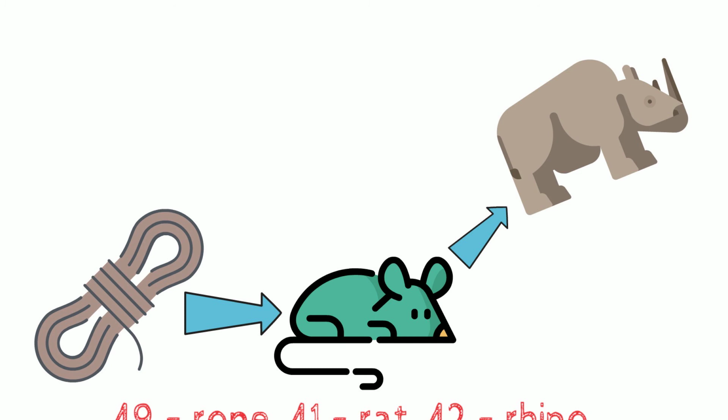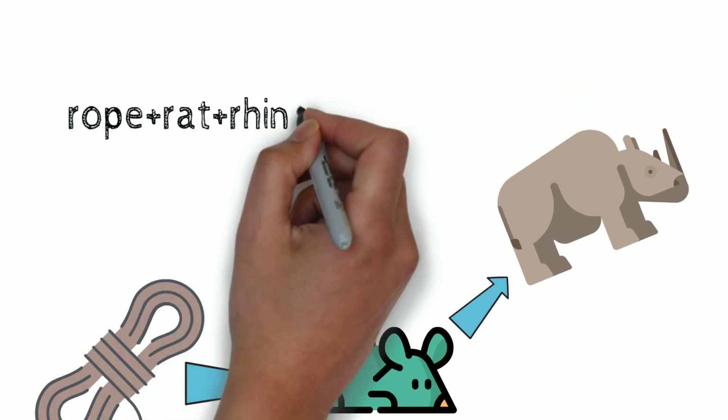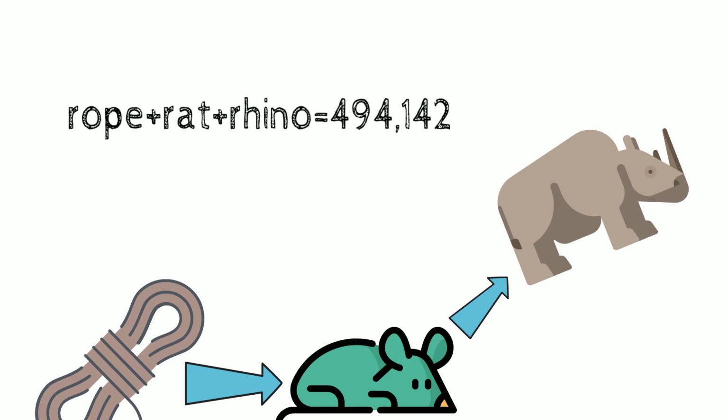By making the story crazy and illogical, it becomes extremely vivid in your mind. You also don't need to remember the number, only the peg words themselves. So when you bring a rope, a rat, and a rhino together, you get 494,142. It's that simple.